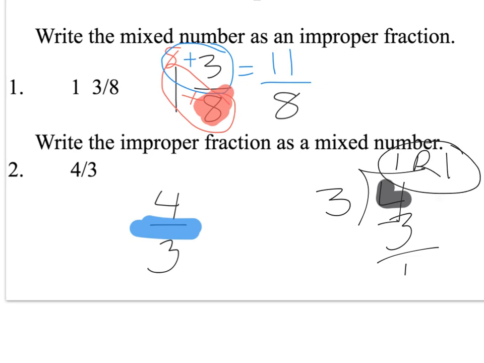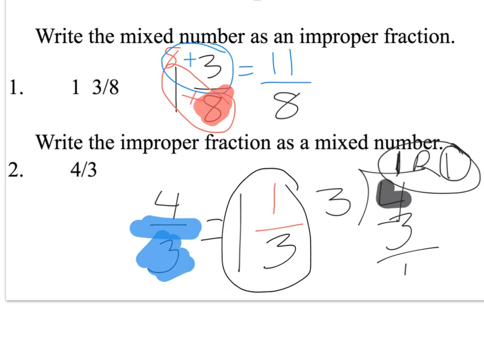So we take this answer. We look at the whole number. This becomes the whole number. Then I look at my remainder, which is 1. That becomes the numerator of the fraction in our mixed number. And then your denominator is exactly the same as the original fraction. So your denominator is going to be 3. So your answer is 1 1/3.